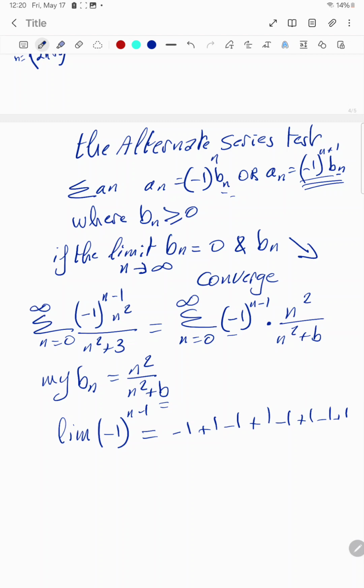So that factor diverges because it does not go to one number. The limit should be one constant, and this one goes to minus and plus, whatever the number is, of n squared divided by n squared plus b.